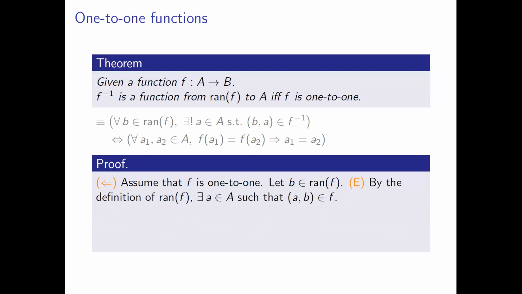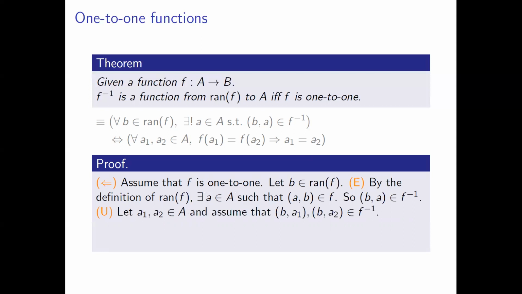To show existence, observe that by the definition of range of f, there is an element small a in set A such that the ordered pair ab is an element of f. So the ordered pair ba is an element of f inverse. This proves existence.